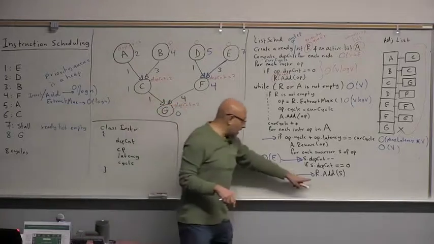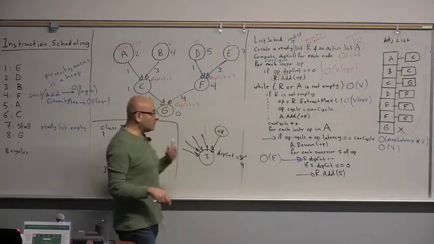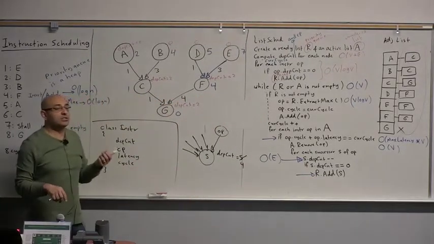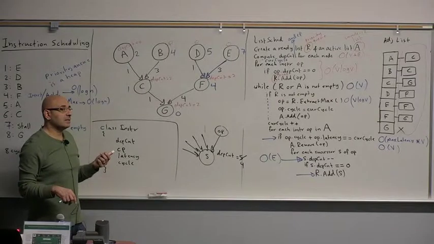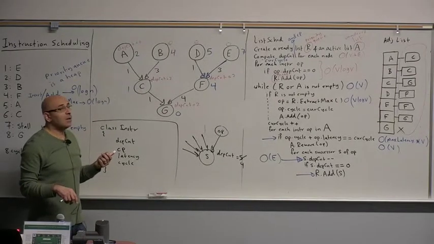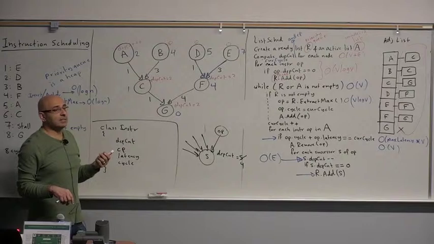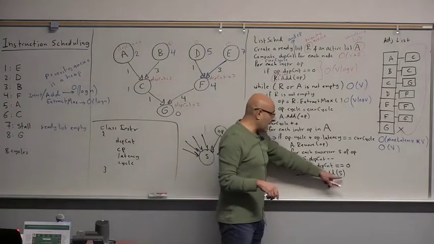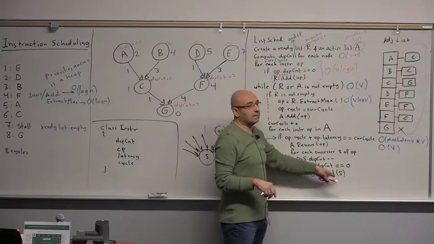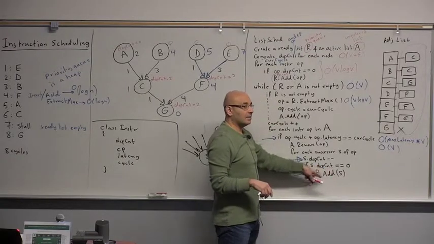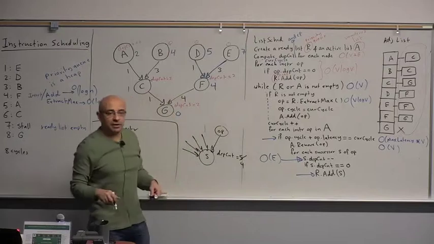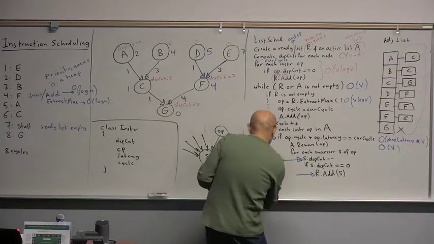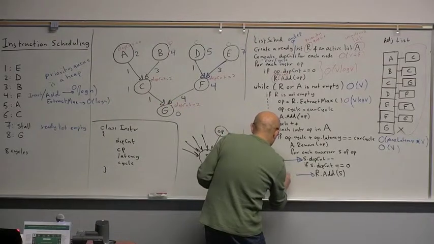But the addition to the ready list, how many times will it get executed for each instruction? Just once. An instruction becomes ready once. So what's the aggregate running time for this line? V log V, exactly.